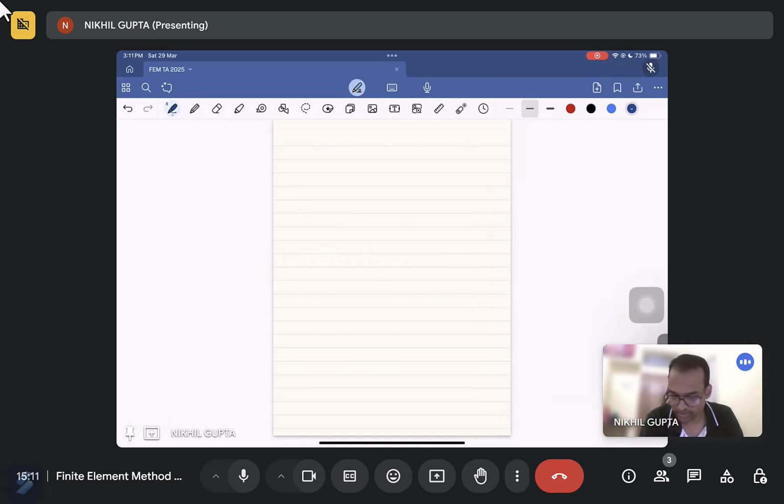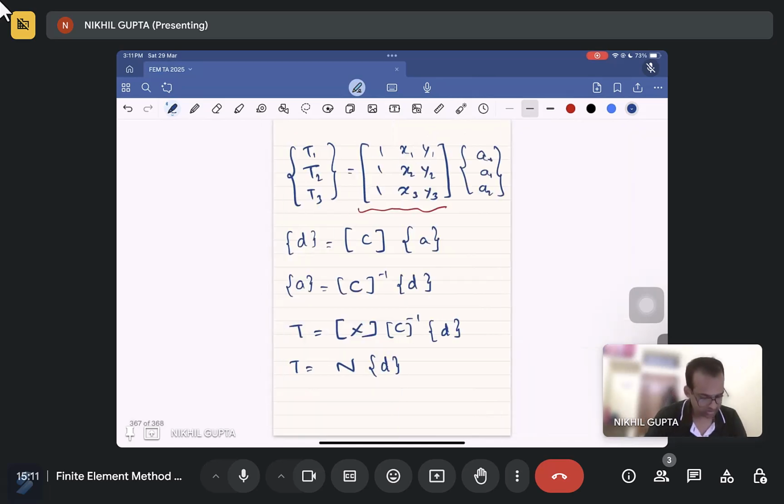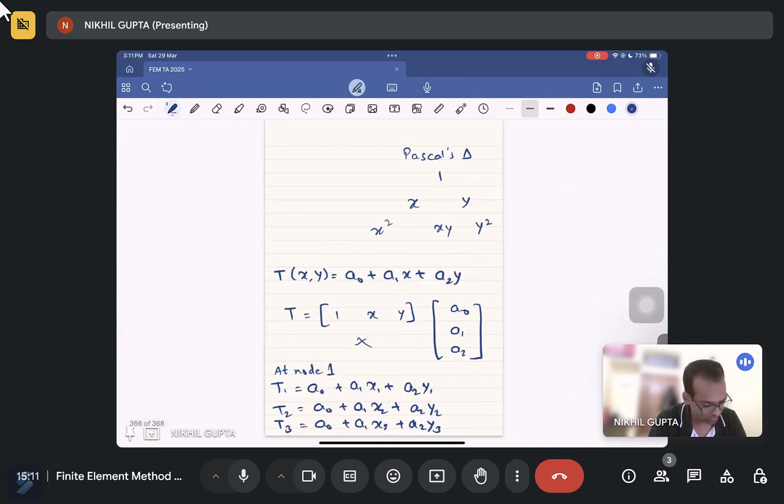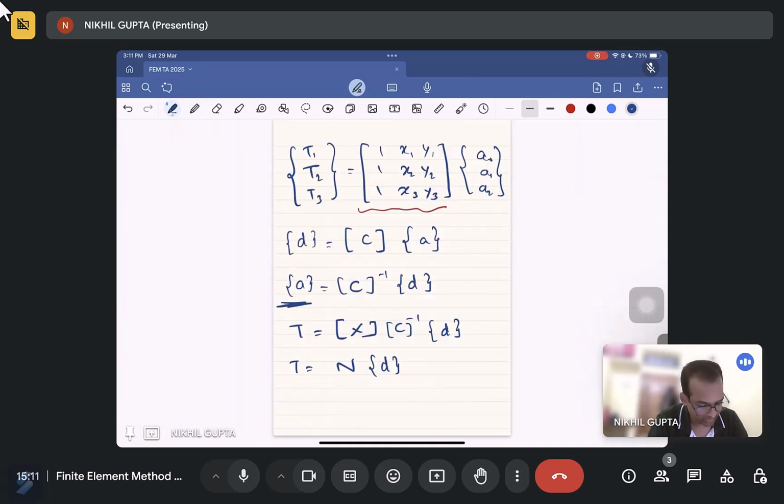So see, X is what you put in this equation. You got A, so you are putting this A in. C is the matrix with 1 x1 y1, 1 x2 y2, and 1 x3 y3, and D is the unknown matrix, the temperature matrix.